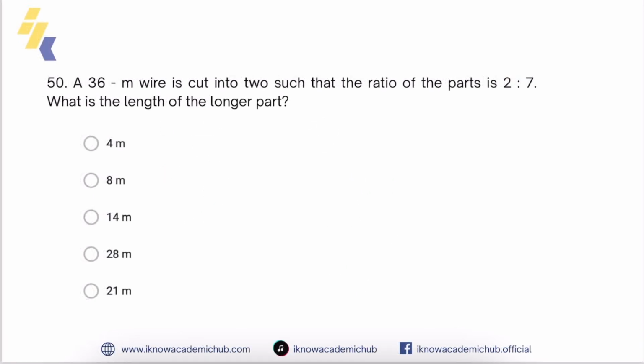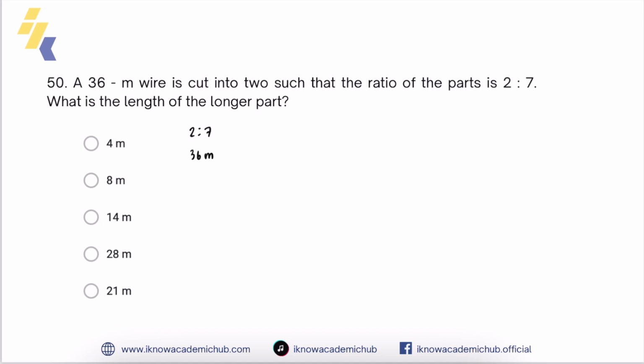50. A 36-meter wire is cut into 2 such that the ratio of the parts is 2:7. What is the length of the longer part? We are given here the ratio, that is 2:7, and the length of the wire is 36 meters.